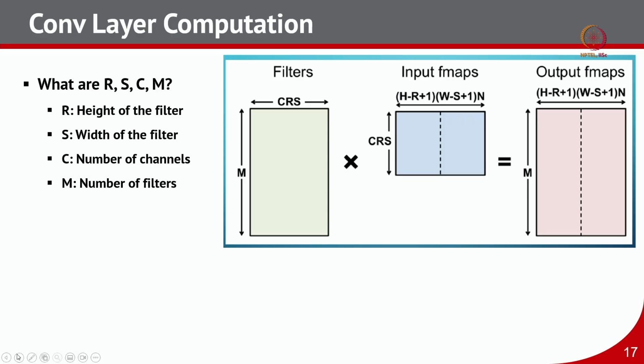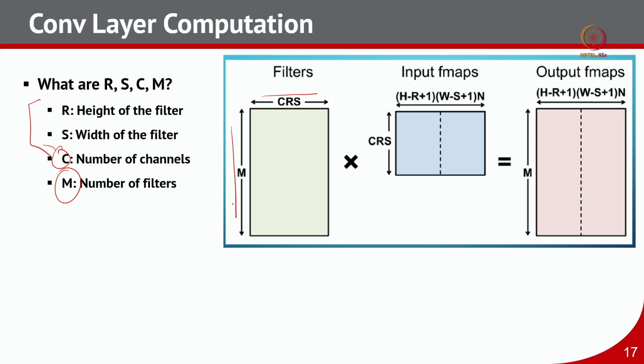So, just as a reminder, when we have this convolutional computation and we do the flattening, this RSCM is nothing but where R and S are the height and width of the filter, C is the number of channels, and M is the number of filters, right. When we do the flattening, we are flattening the filter into M by CRS.